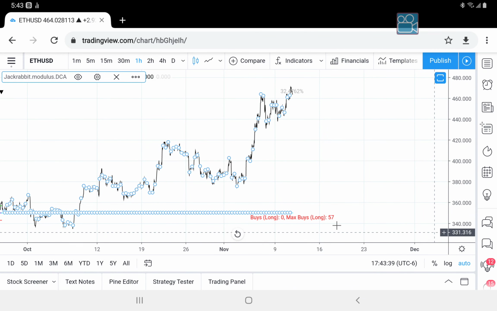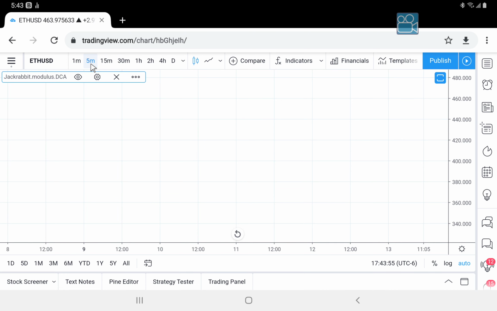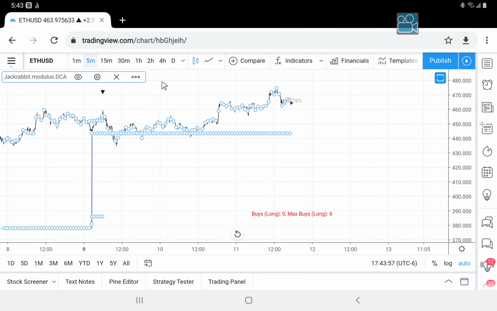So if you really open it up with accumulation, you will have 57, or roughly $570 for your maximum. That can be pretty high. If you go back to the 5 minute, it accumulates about $60.